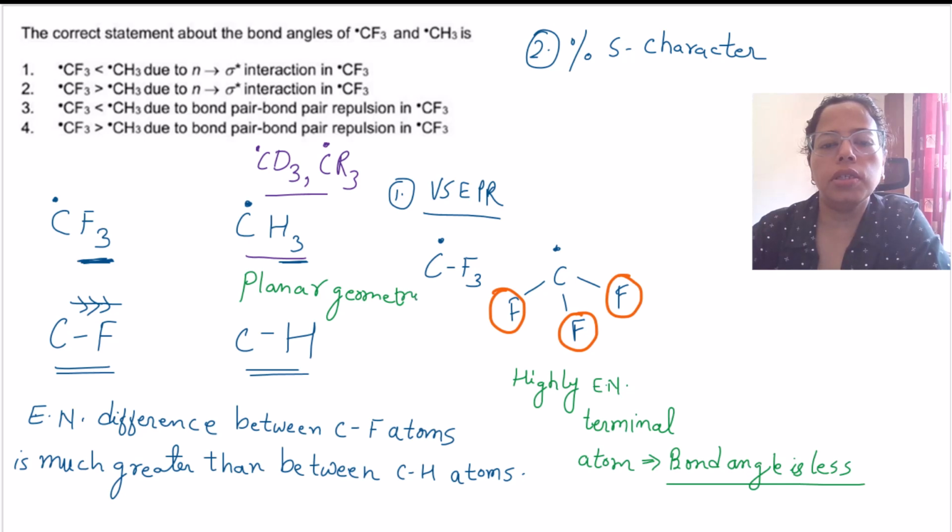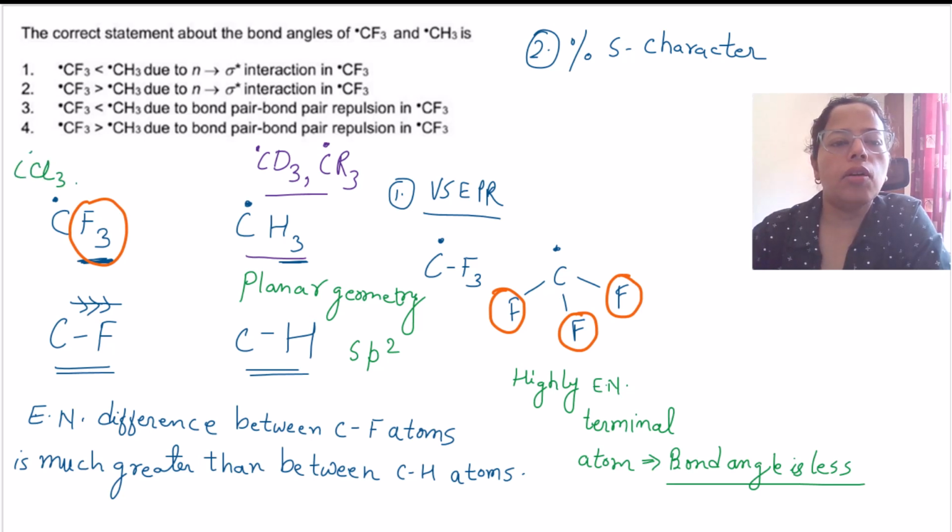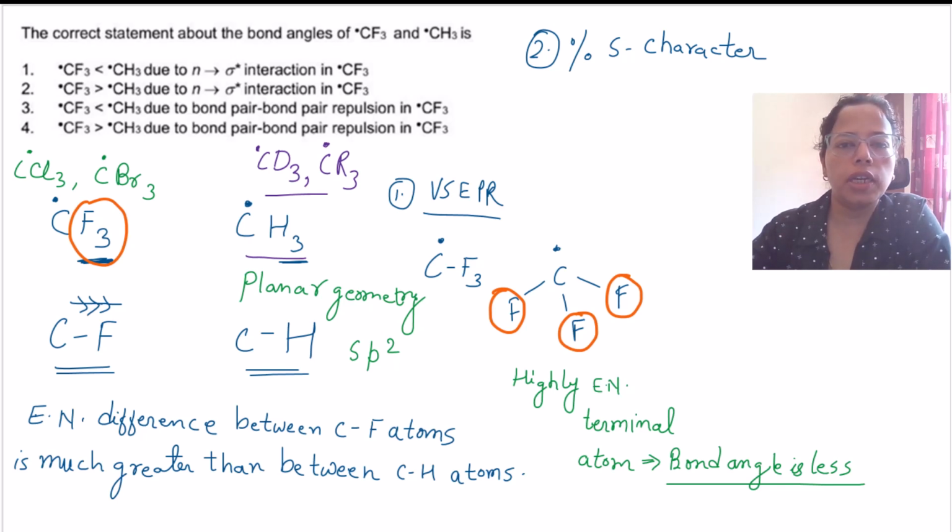Planar geometry means sp2 hybridization. While when the carbon free radical is attached to a very highly electronegative atom, that is fluorine here, or other examples such as CCl3 or CBr3, so all halogens, the hybridization here is sp3, not sp2.